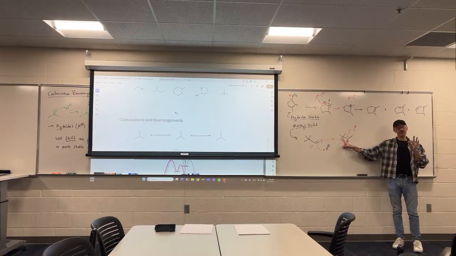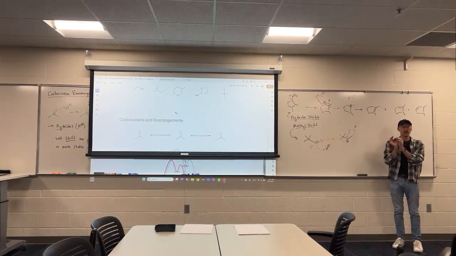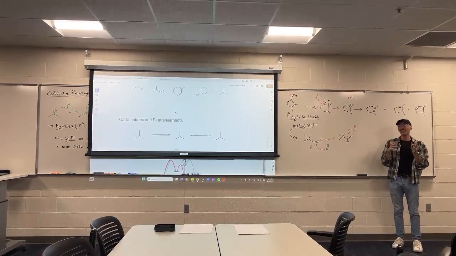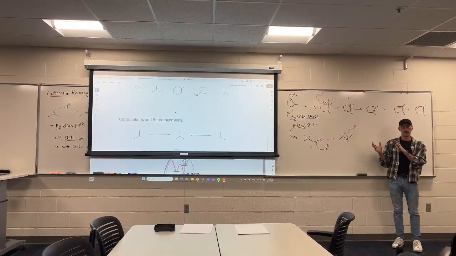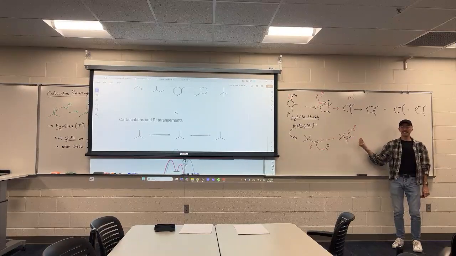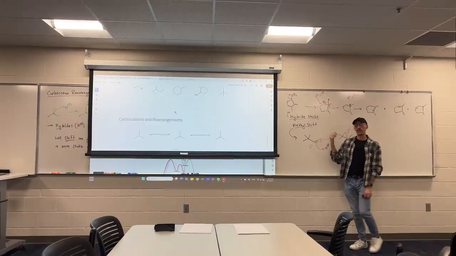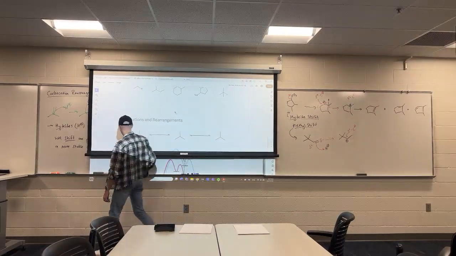Hydride shifts, if possible, are easier. All you have to move is a little proton with electrons. If there's no hydrogen, then you have to think about moving bigger groups. What if I took a methyl group off of this quaternary carbon and I shifted it with its electrons? Earlier I said that's going to be this methyl shift.